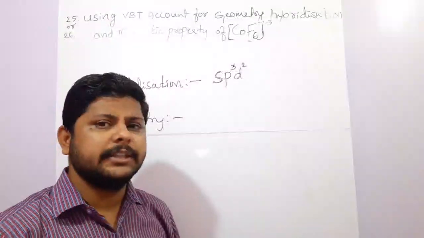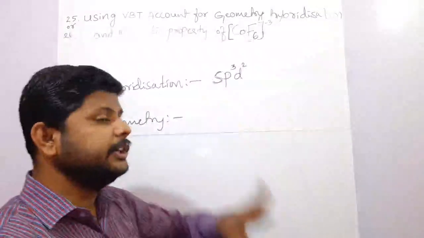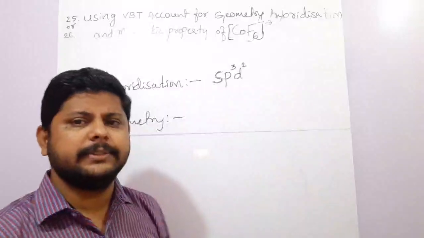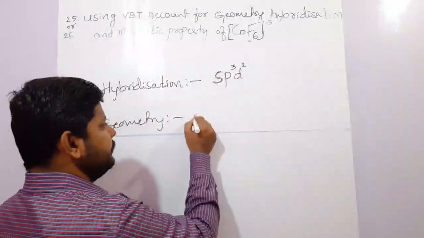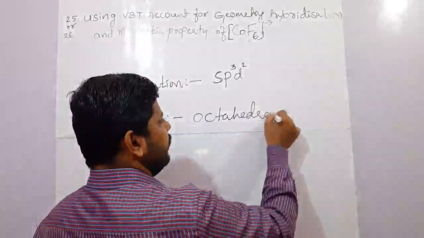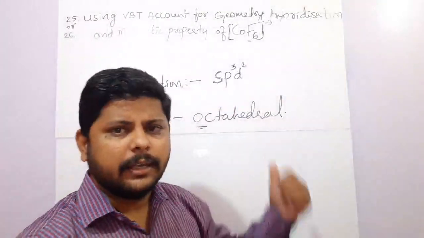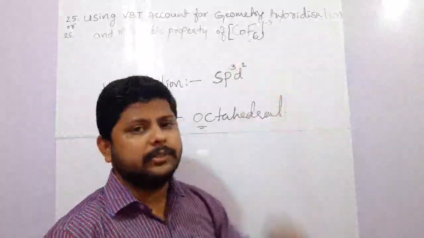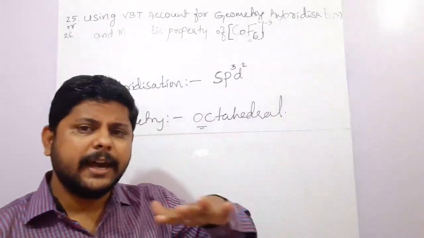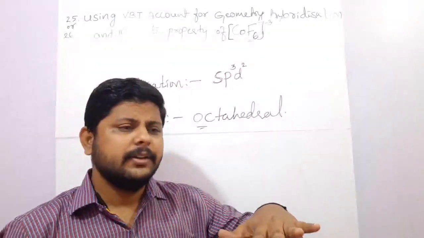Based on hybridization, you will decide the geometry. Whenever sp3d2 hybridization comes, or there are six ligands, the geometry will be octahedral. Octa means 8. In this geometry, four ligands are in a plane at the corners of a square.